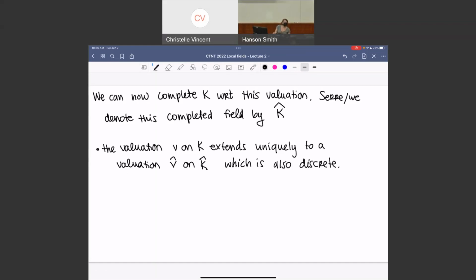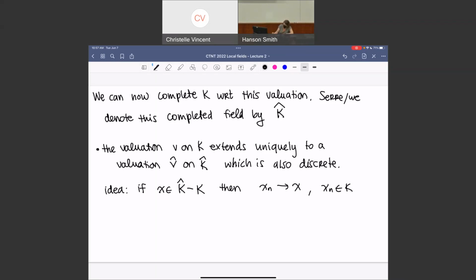Okay, why is that? Well, the idea is that if there's a little x that's in K hat but not in K, so it doesn't have a value yet, you're like, I have to value this number as well. We value all our numbers. Then it means that there's a sequence of elements in K that approaches that. That's what it means to be in a completion.